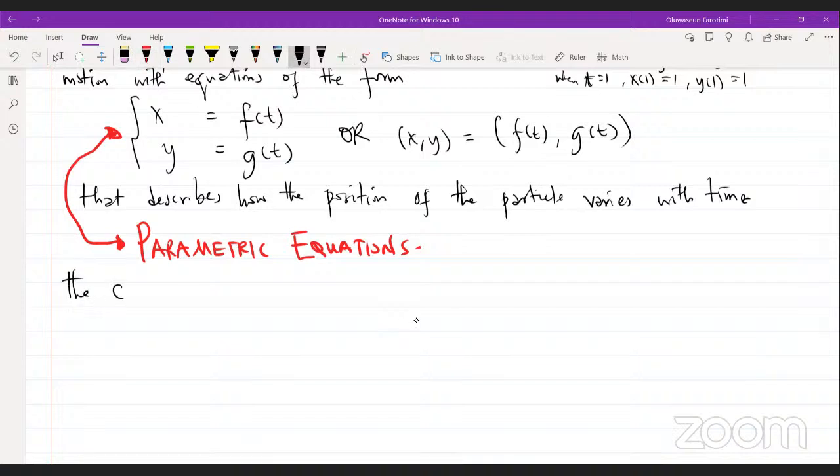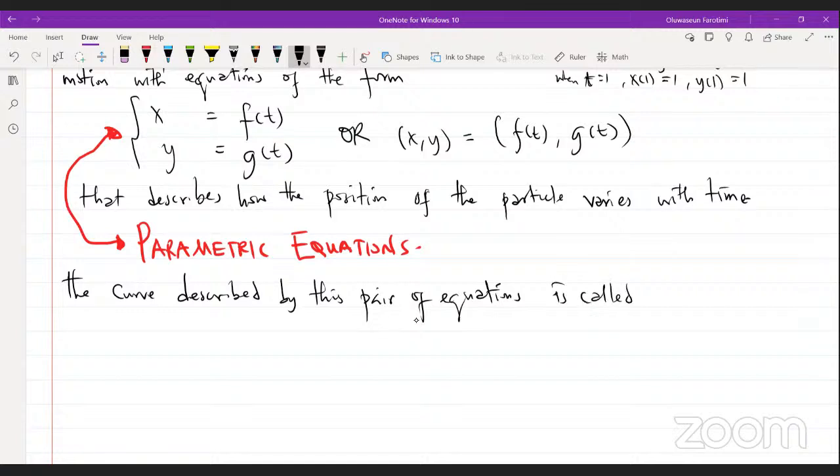Now the curve that is described by this pair of equations is actually called, still the same parametric equation, guys. But now it's a curve, so we just call it a parametric curve. Keep in mind that the equation is called a parametric equation, and the curve you generate from this equation is called a parametric curve.